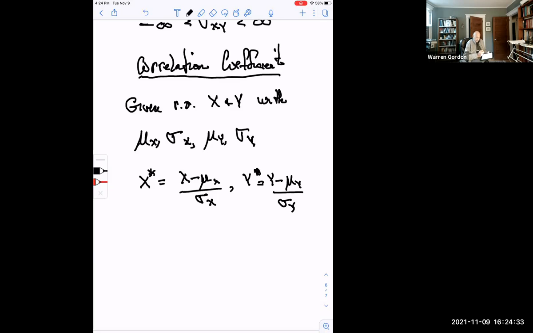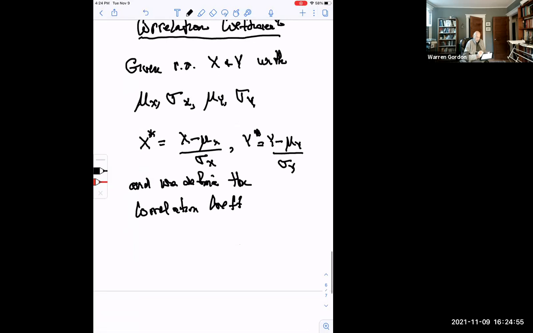Okay, and we define the correlation coefficient, and the symbol for that will be rho of x and y, to be the covariance of x star with y star.